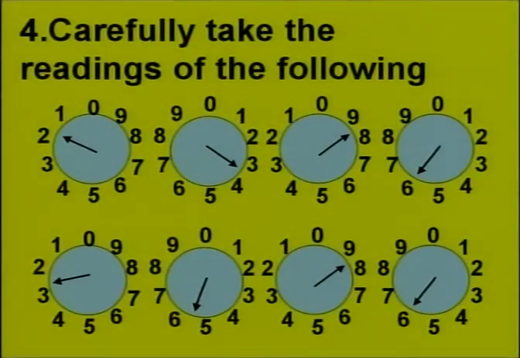If the arrow is on the number, you take it straight. If you find that the arrow is on the number, you just take it straight from that number.